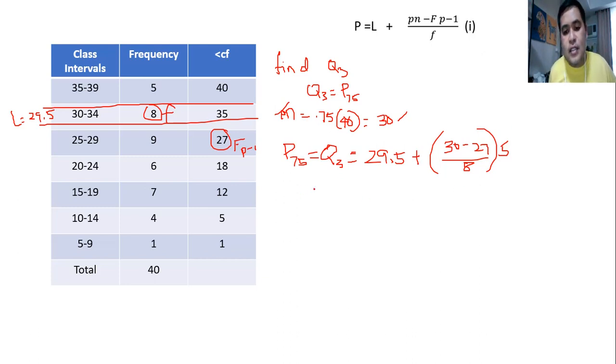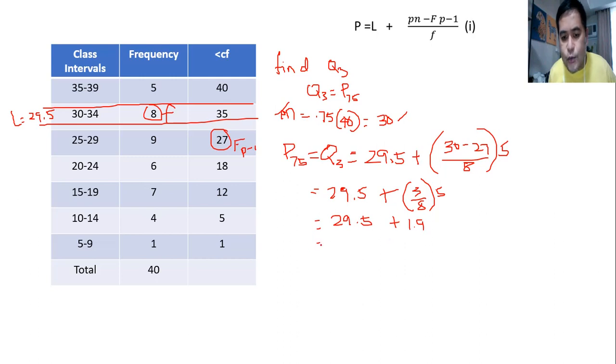Now, let us simplify this. So we have 29.5 plus 30 minus 27 is 3/8 times 5. So 3/8 times 5 is equivalent to, rounding off to the nearest tenths, 1.9.